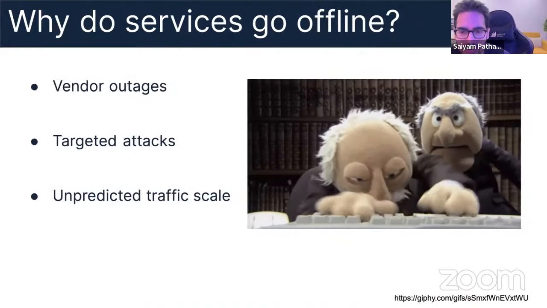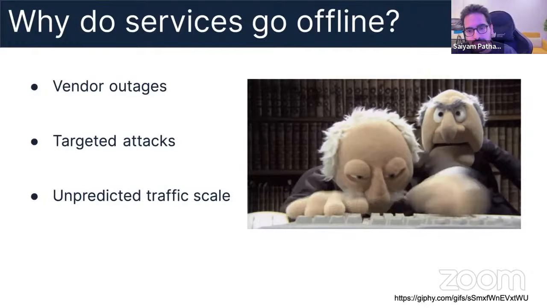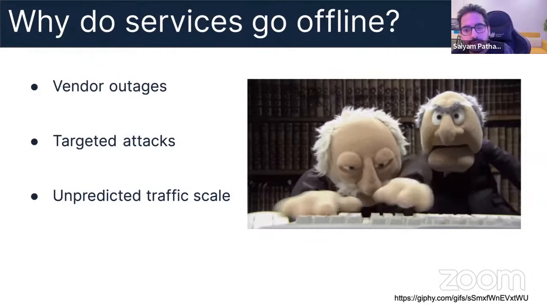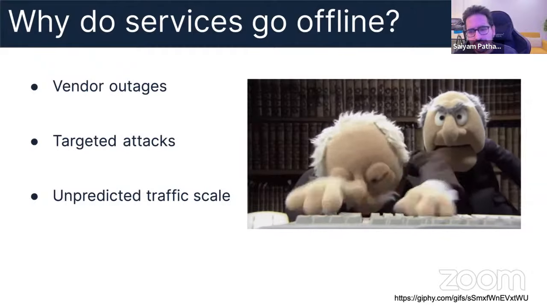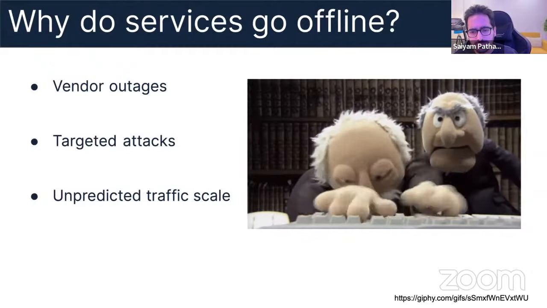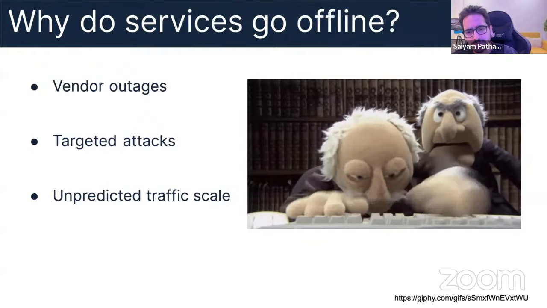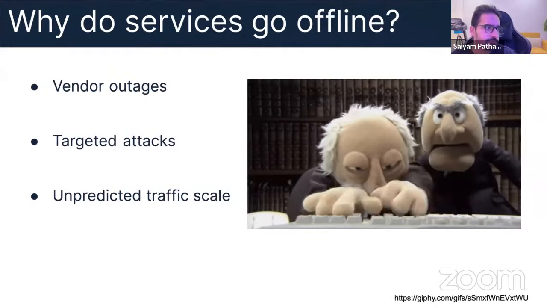Services go offline, and we have discussed there are various regions. There can be vendor outages related to the services provided by the vendors, and there can be issues with compute, network, storage, or whatever services they are providing, or hardware issues or network issues that lead to outages.